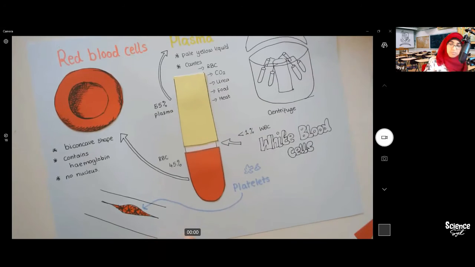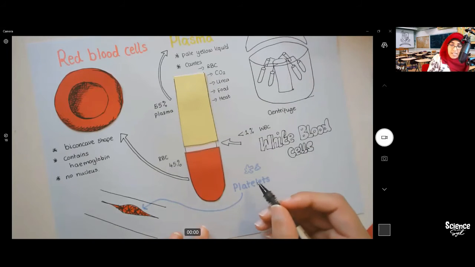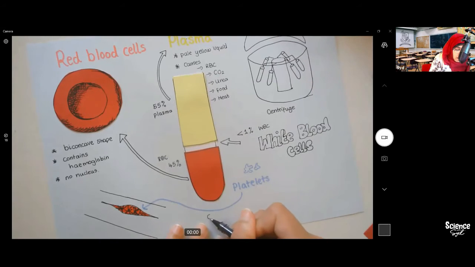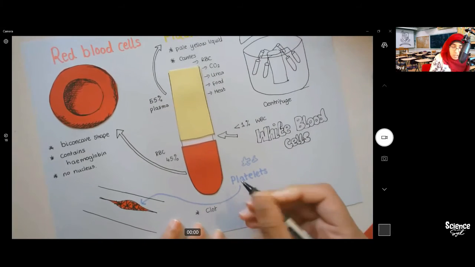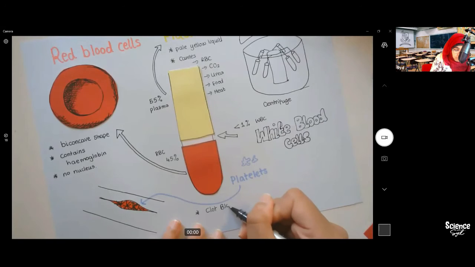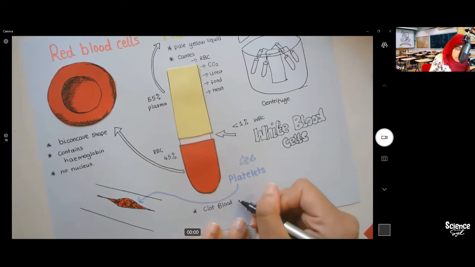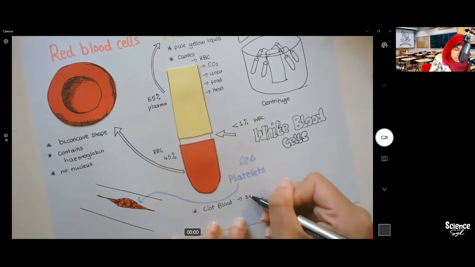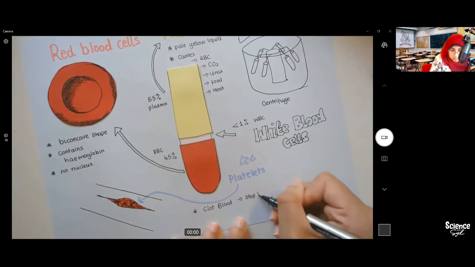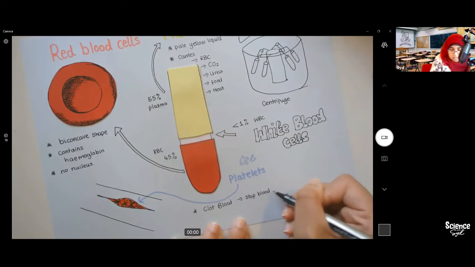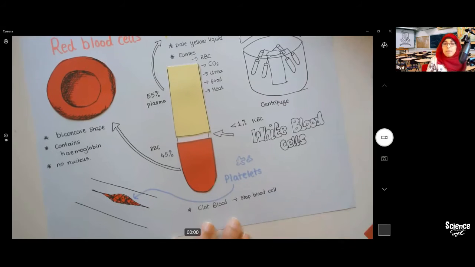Okay, so let's make some notes over here. So we've said already that these are responsible for helping our blood to clot. So we're going to say here, they clot blood. Okay, and the reason why they clot the blood is they want to stop blood loss. So they stop blood loss, but at the same time, they are stopping microorganisms from entering the body.